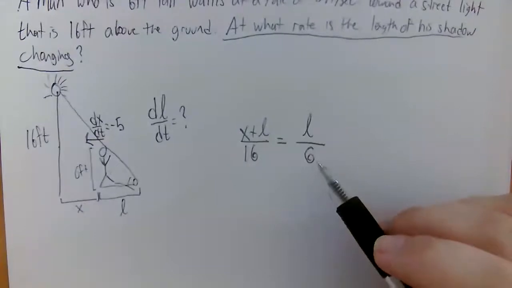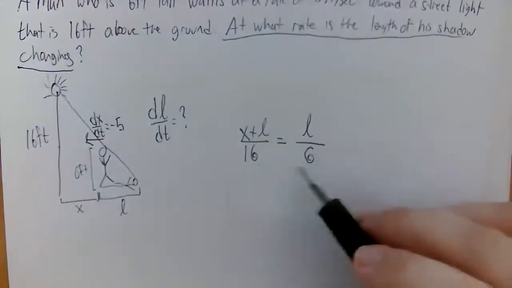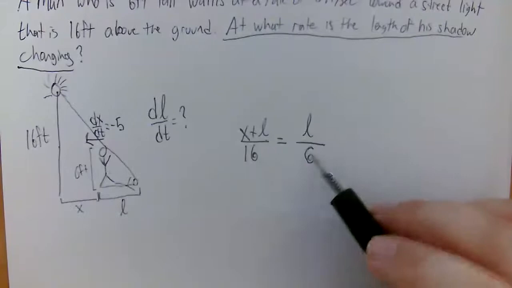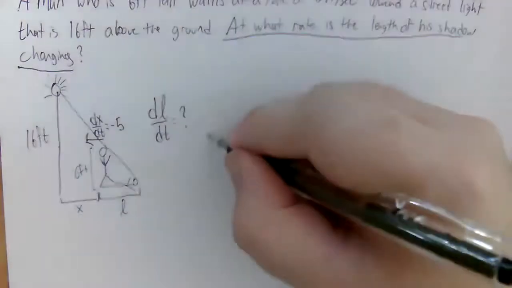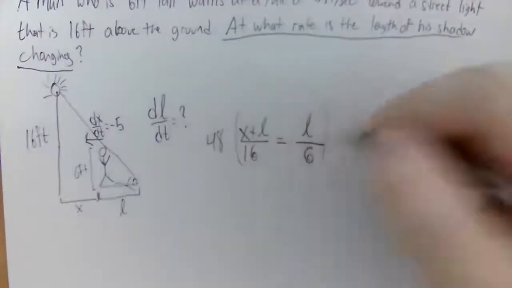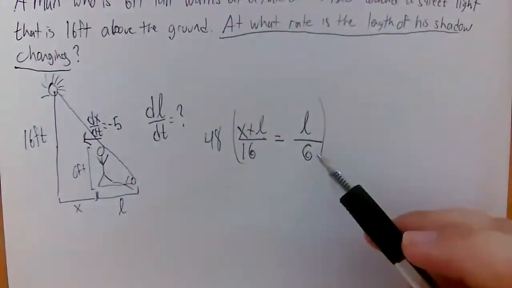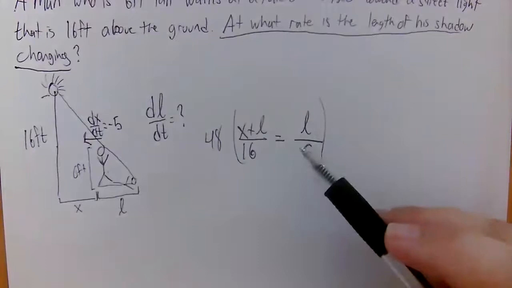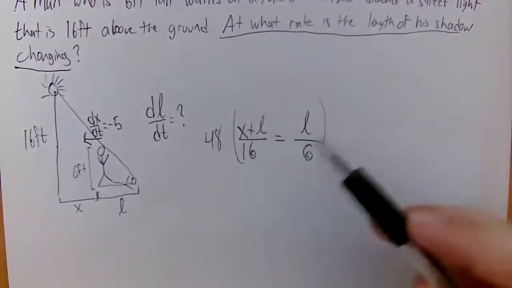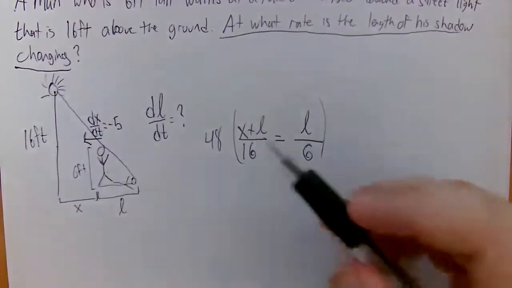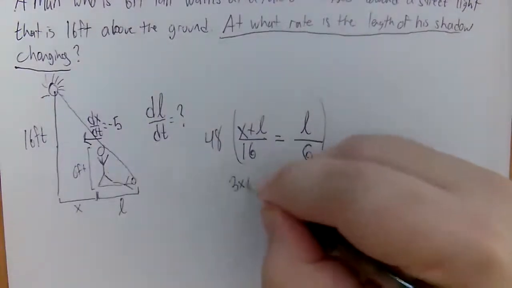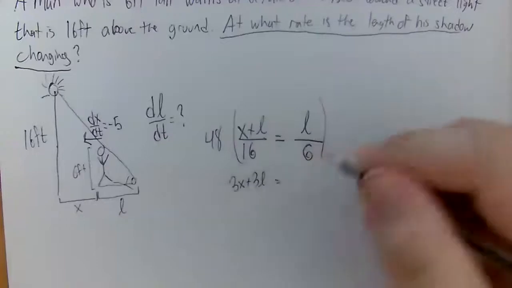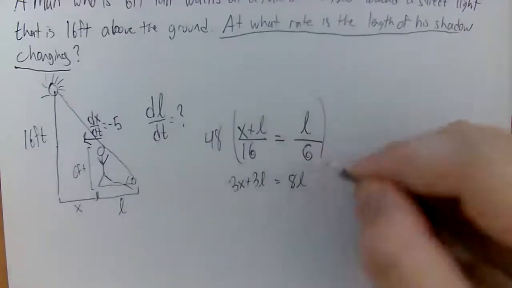All right. Next, to make this a bit simpler, I'm going to multiply both sides by 48 because that's the least common multiple of these, so we can get rid of all the fractions. Multiply everything by 48. You could have also done this after you took the derivative. You could take the derivative at this point too if you want to, but I'm just going to clean this up before we do that. So 48 over 16 is 3. So we have 3x plus 3L is 8L.